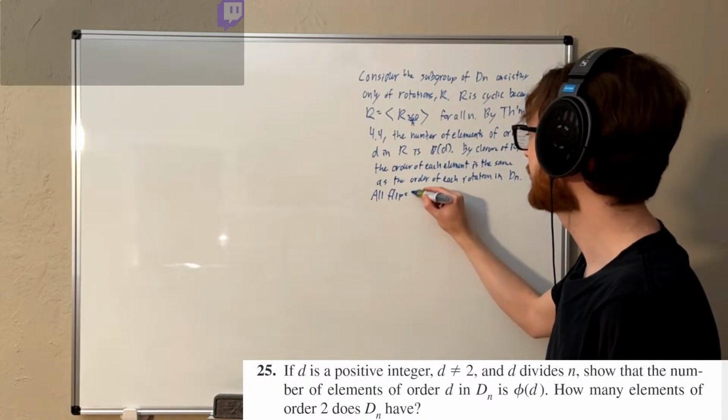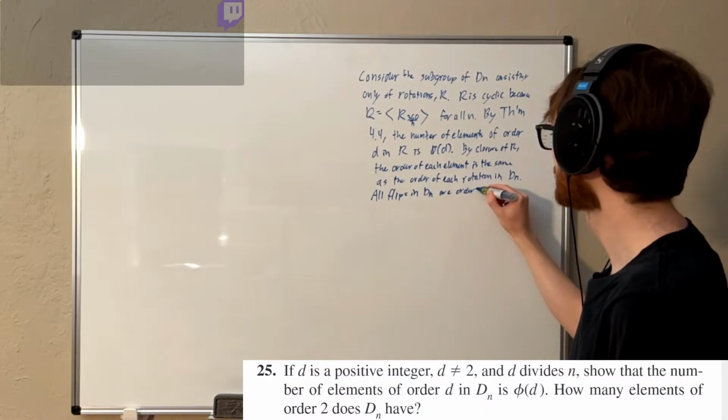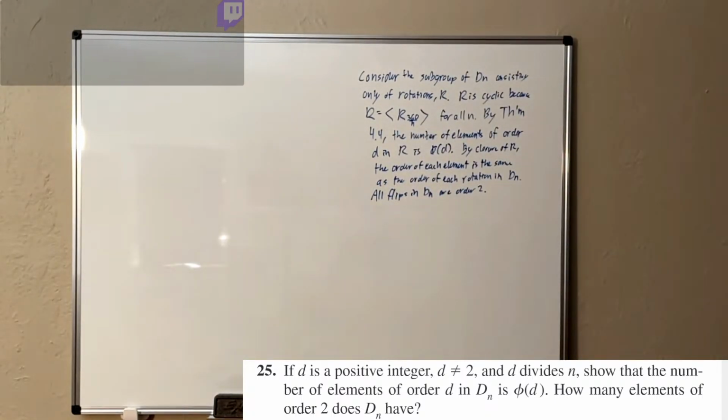All flips in D sub n are order 2. Okay, I'm going to say that's my proof, and I'm going to look at the answer in the book.